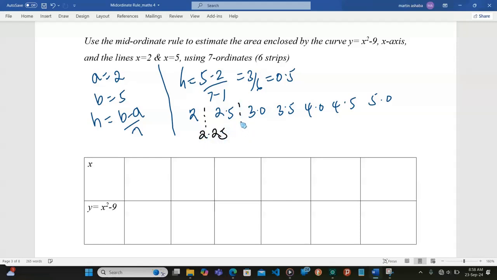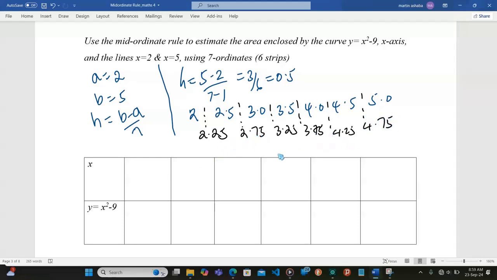Then the midpoint of 2.5 and 3 is 5.5 divided by 2, which is 2.75. You see there is a difference of 0.5, which is h, so I can just add 0.5: this becomes 3.25, 3.75, 4.25, and 4.75. That is our last value.